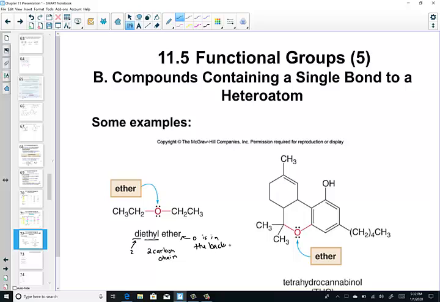So when I read this, I can see that on either side of the oxygen, we have ethyl groups, a 2 carbon chain. This is an ROR, diethyl ether. Here's another example of an oxygen attached to 2 other carbons. It's an example of an ether.